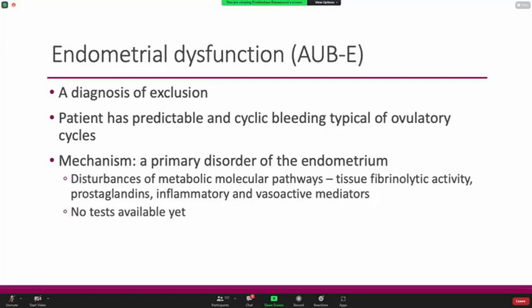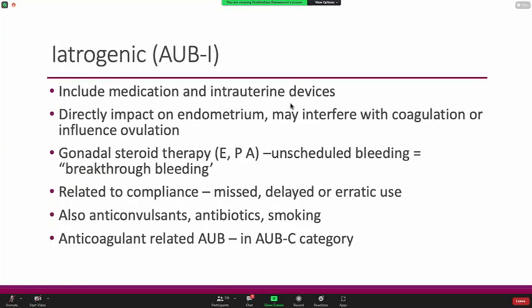So we are not using the term dysfunctional uterine bleeding, DUB, now. Earlier, in your books, you will have dysfunctional uterine bleeding. That entity is not there now, but it is similar to this endometrial dysfunction. When we can't find anything else, what was called dysfunctional uterine bleeding is what we now call endometrial dysfunction.